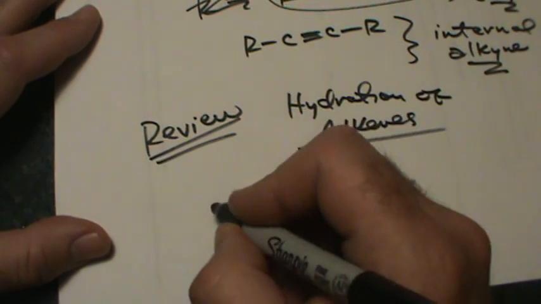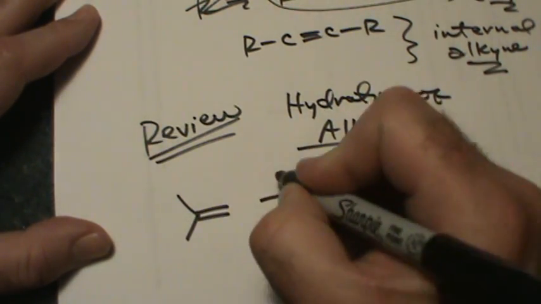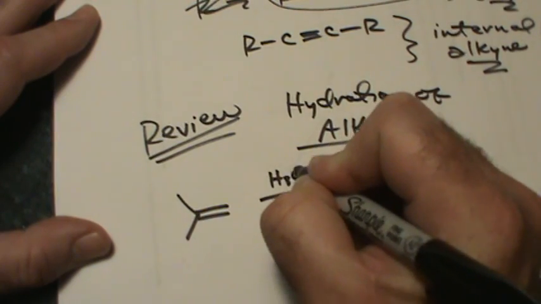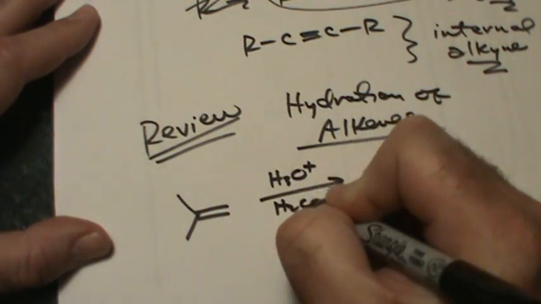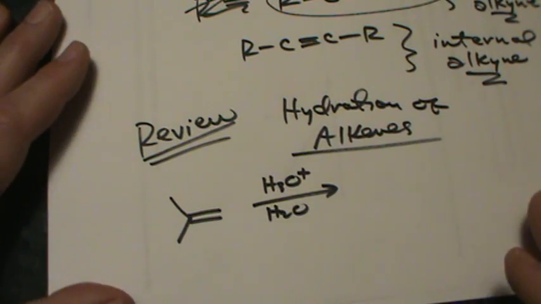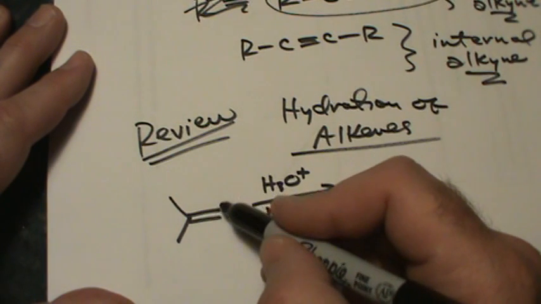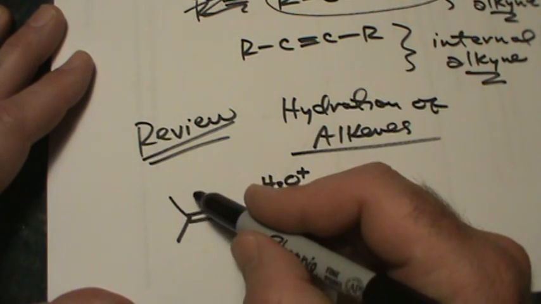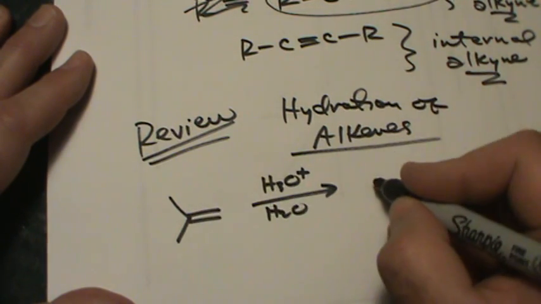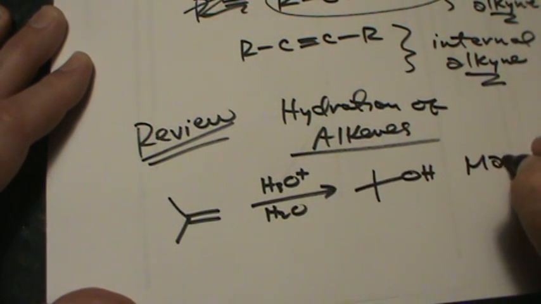In the first case, we learned that if we take an alkene and we work under standard acid-catalyzed hydration conditions, Markovnikov acid-catalyzed hydration conditions, we will protonate across the less substituted carbon and ultimately add OH across the more substituted carbon to give us this Markovnikov hydration product.